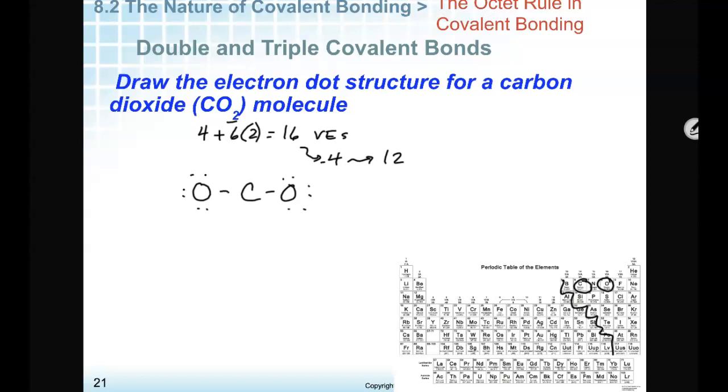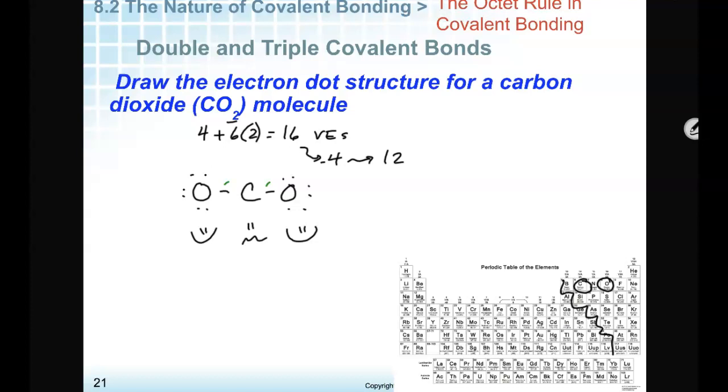A lot of people would look at this and say, I'm done. Everything's great. But it's not. Why? Oxygen does have 8, so it's good. However, carbon, if you look at it, it only has 2, 4 from those bonding shared pairs.